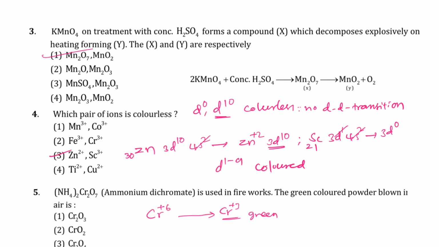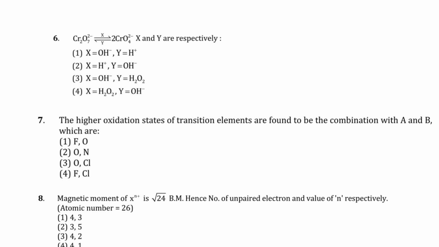This equation is given in the p block elements. Ammonium dichromate on heating produces nitrogen and water plus Cr2O3, a green colored compound. Therefore the option is the first one.